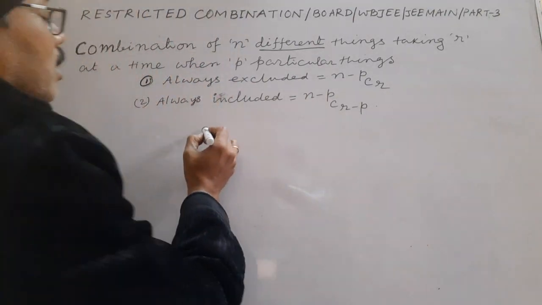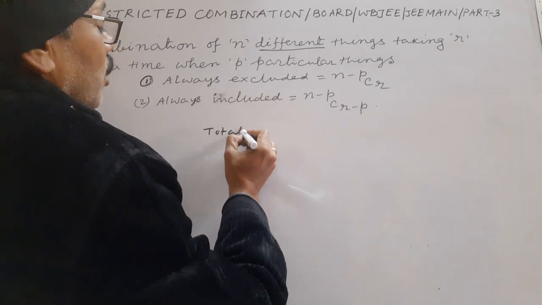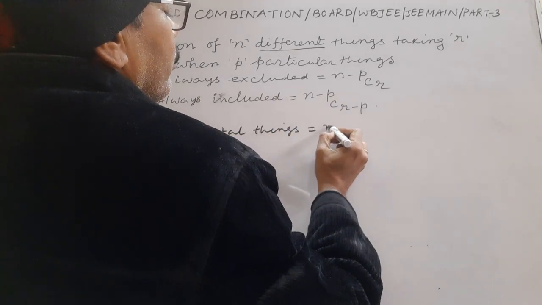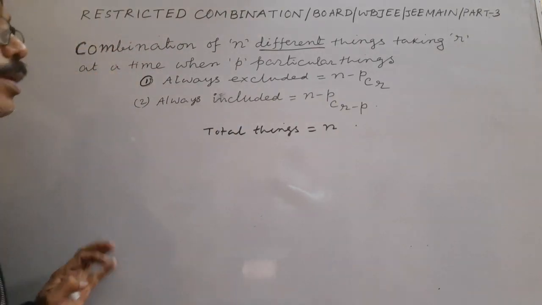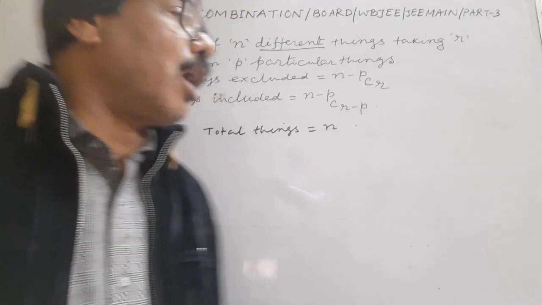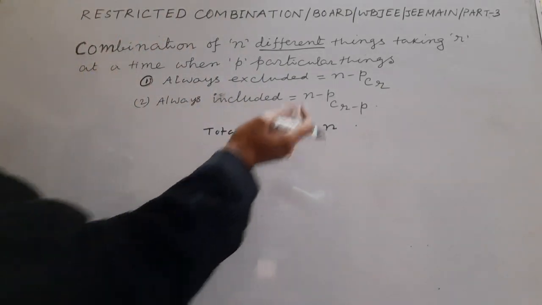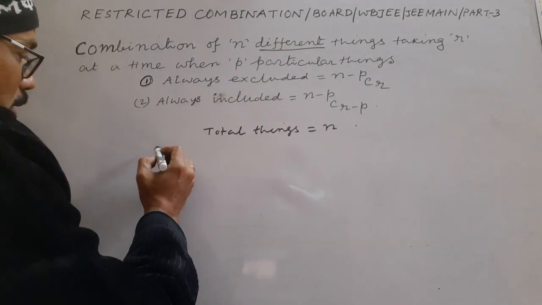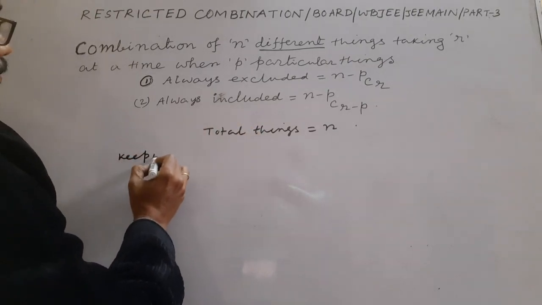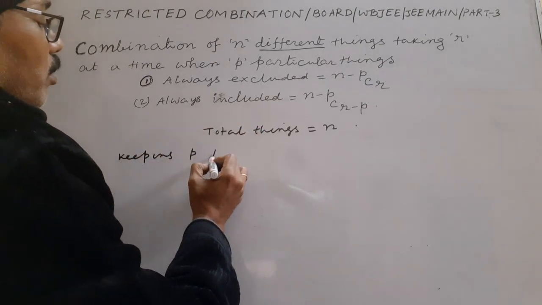So total things n. Suppose p particular things are deleted at first, keeping p particular things aside.